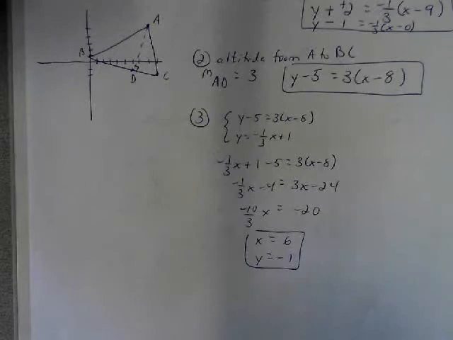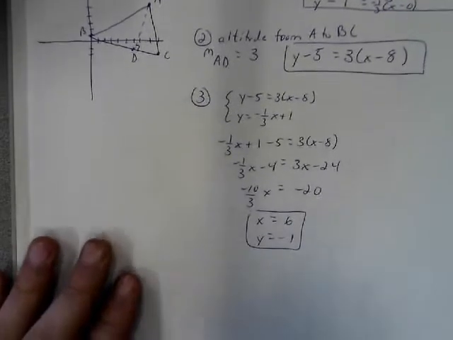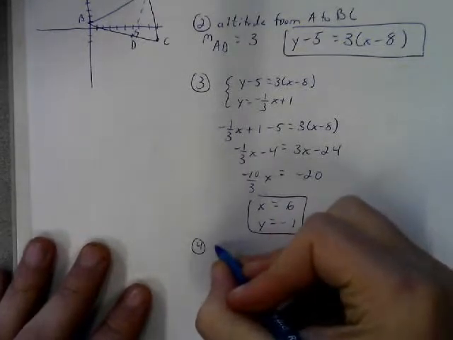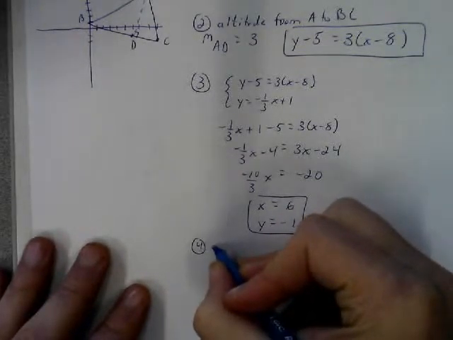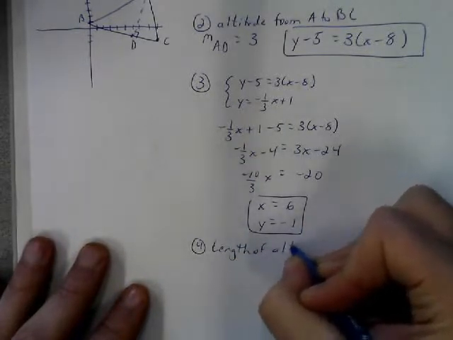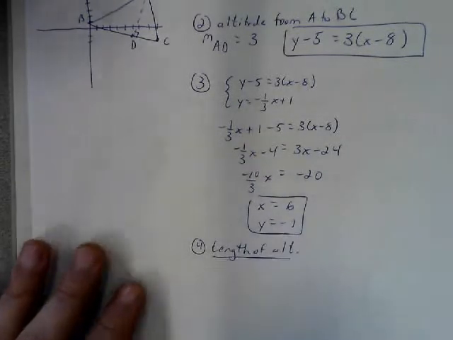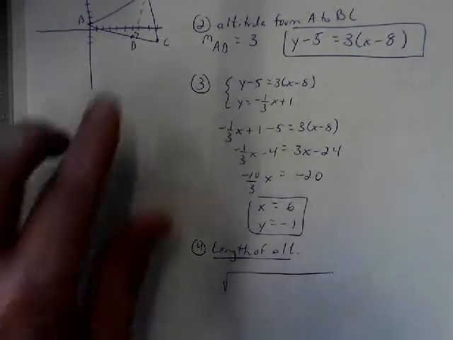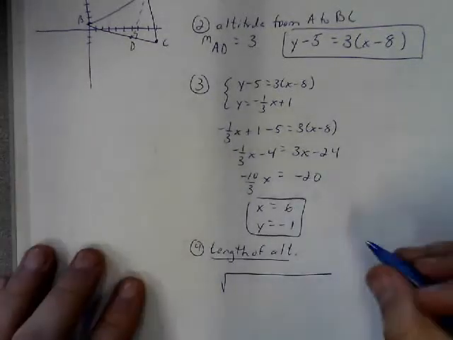From this, I could find the length of the altitude from A to BC. So this is just simply a distance formula problem. The square root of the differences, so again I'm going to write these points back down.